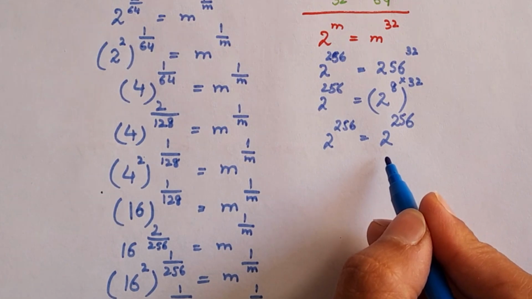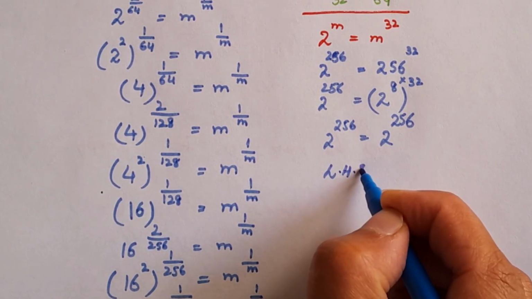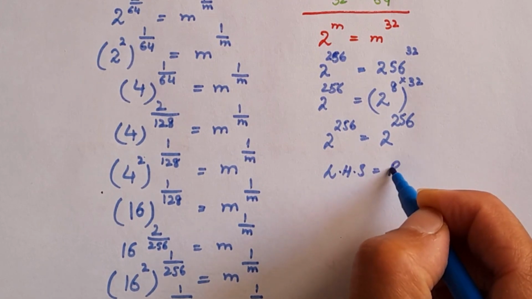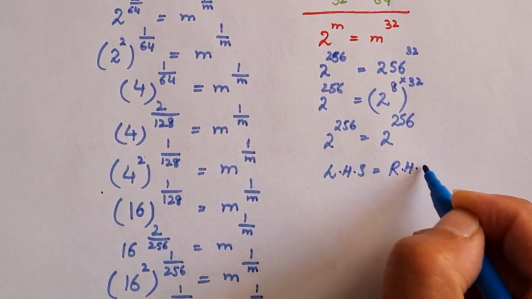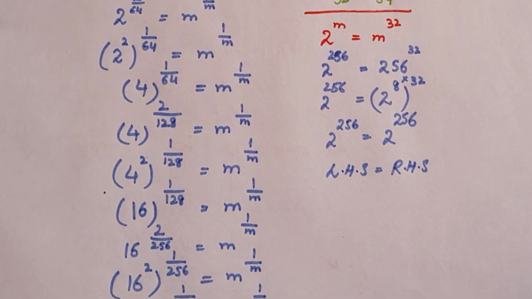It means that the left hand side is equal to the right hand side, and the value of m satisfies this equation, and this value is correct.